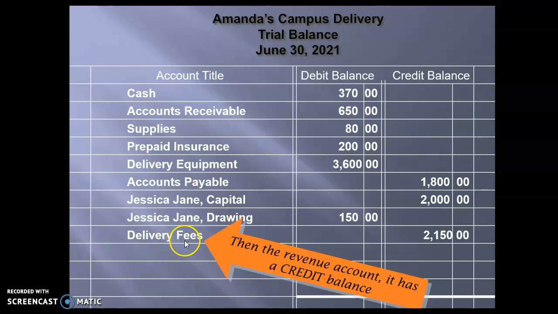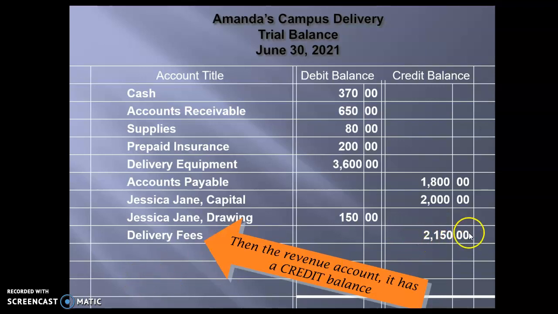Then we have delivery fees. That is our revenue account. And we know from our chart that revenues have a credit balance normally. We take this straight from our ledgers, put it into the trial balance.